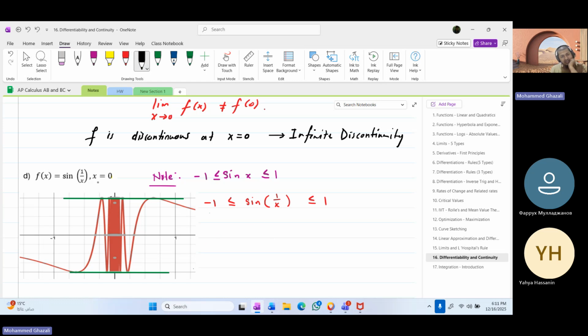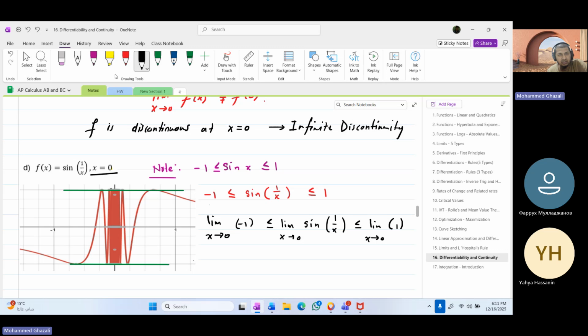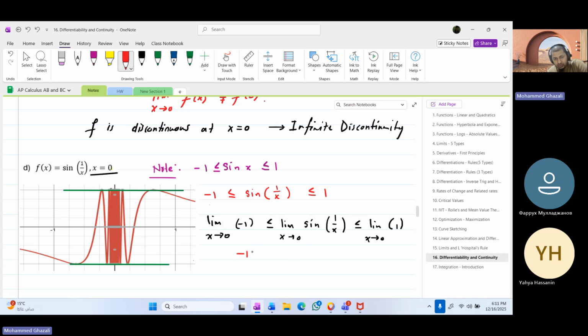Now, if I apply limit as x approaches 0, nothing's happening. This sine function is still remaining between -1 and 1. There's nothing to substitute here.